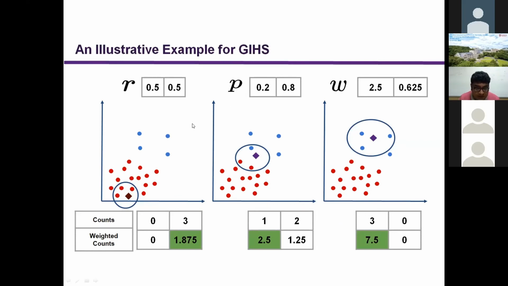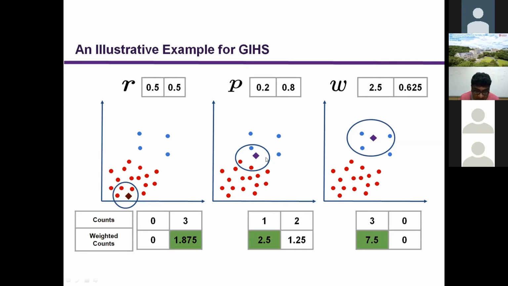Now, when a new query point appears, we have 1 neighbor from the blue class and 2 neighbors from the red class. This 1 and 2 in regular KNN would predict this point to belong to the red class. But here we are revising these counts by multiplying this 2 with this weight and this 1 with this weight.